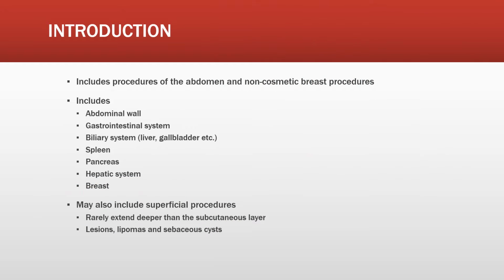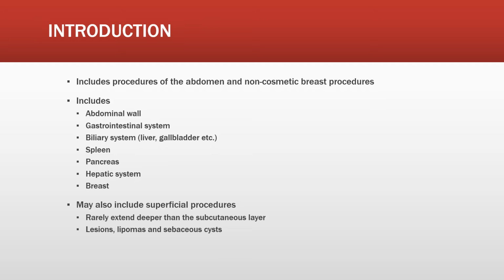Right, so we're going to start with just a little bit of an introduction here. General surgery is going to include all procedures of the abdomen and non-cosmetic breast procedures. This is going to include the abdominal wall, the GI system, the biliary system, which includes the liver, gallbladder, pancreas, things like that, the spleen, the hepatic system, and the breast.